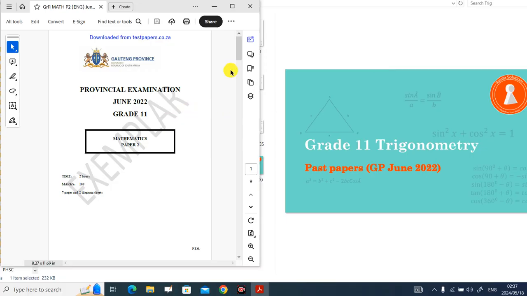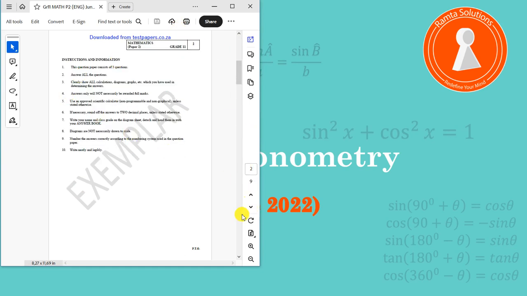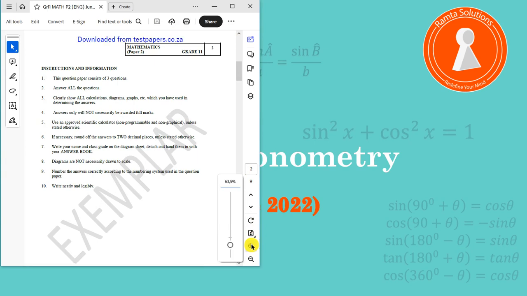I'm just pinning it. Right, so let's get into it. The most important instruction when it gets to your exams, all of them are important, but I want you to note this one.